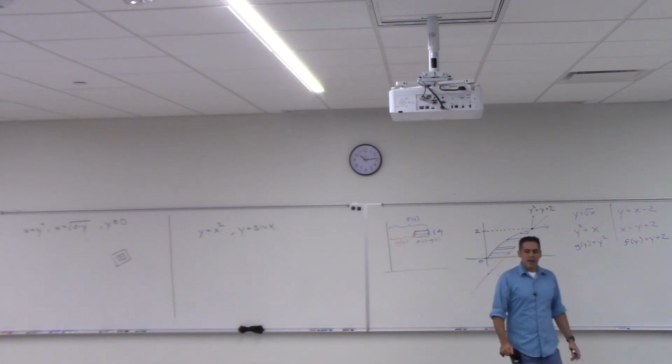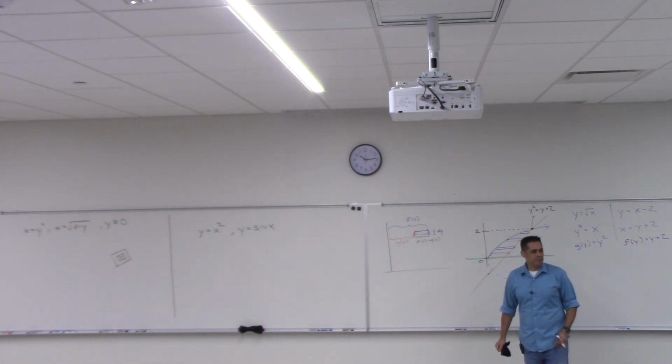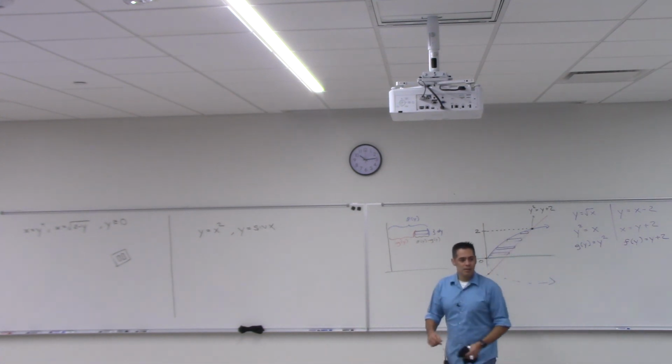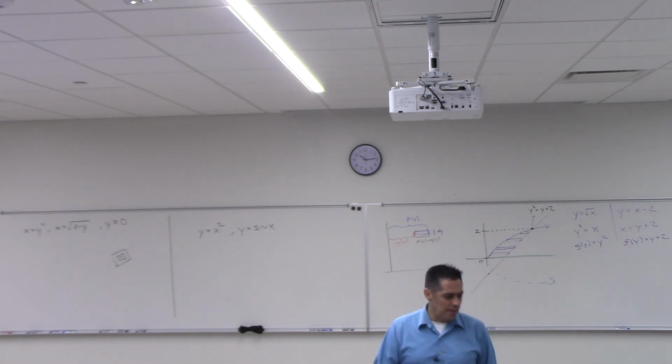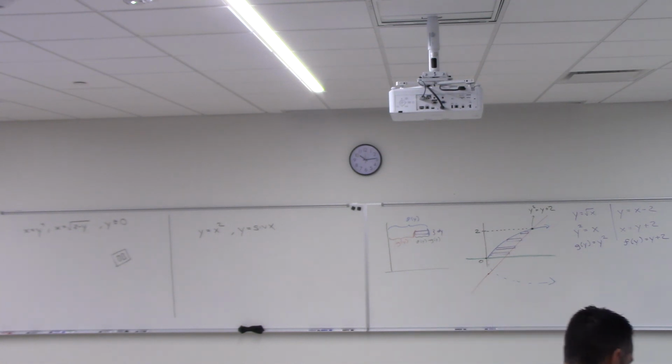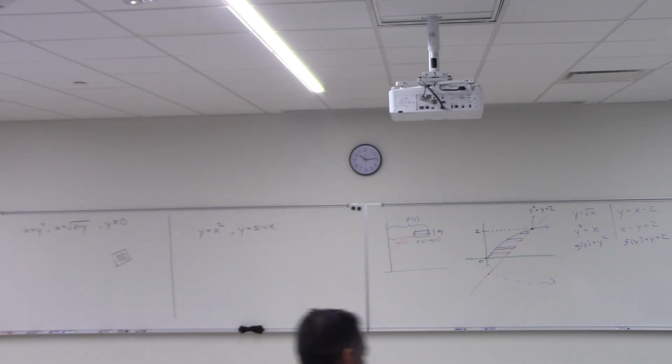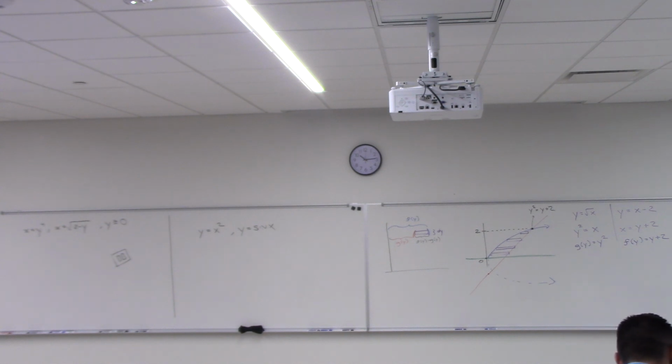You all know how to do it on your calculators? Who needs help? There's a y equals button, top left corner. Got it? Okay, and then you should be able to type. You should probably clear out whatever's in there.